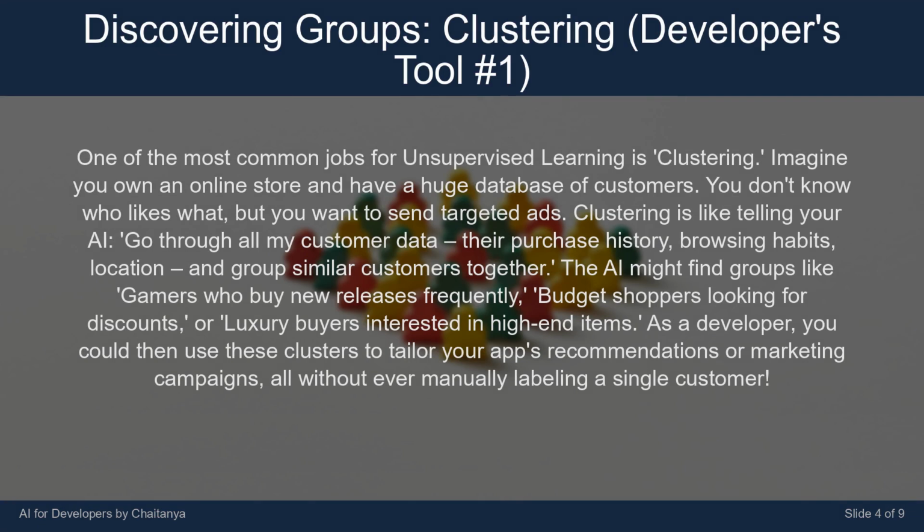One of the most common jobs for unsupervised learning is clustering. Imagine you own an online store and have a huge database of customers. You don't know who likes what, but you want to send targeted ads. Clustering is like telling your AI, go through all my customer data, their purchase history, browsing habits, location, and group similar customers together.